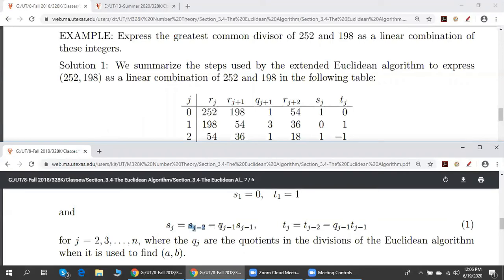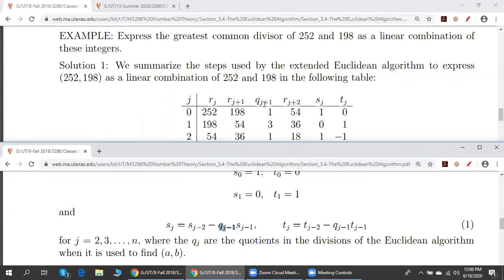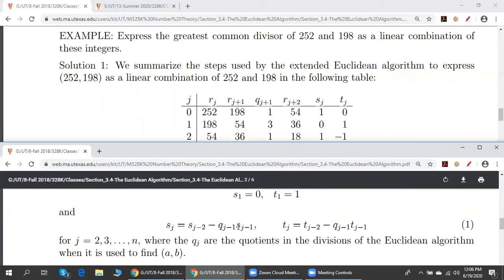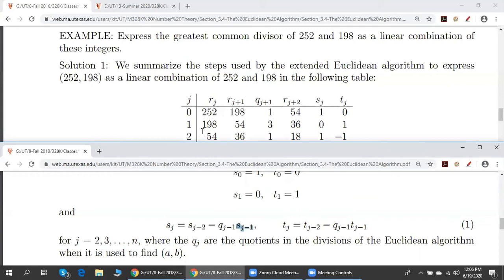Minus Q1, once again, if j is equal to 2, this is Q1. And Q1, according to what is written here, is 1 times S1. And S1, according to what is written here, is 0.